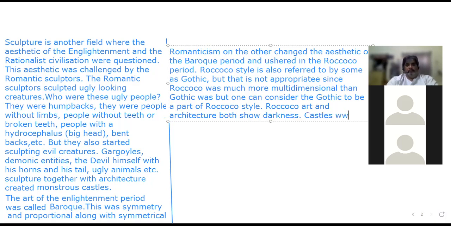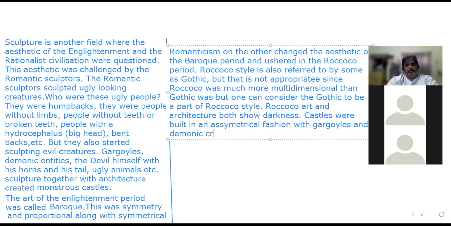Castles were built in an asymmetrical fashion with gargoyles and demonic creatures on the walls.